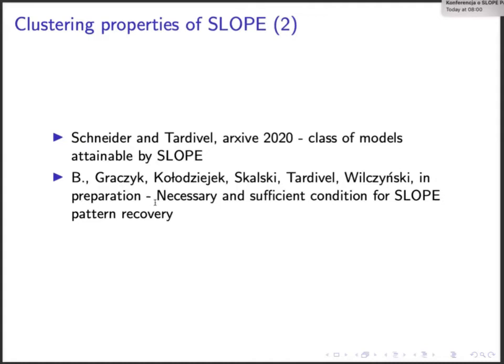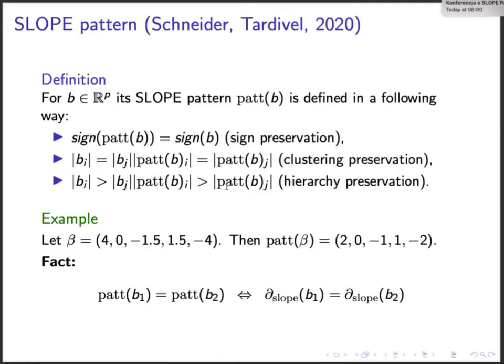And in a paper we are now preparing, we provide a necessary and sufficient condition for slope pattern recovery. Here the order of authors is alphabetical, but in the published version, definitely I will not be the first author. We still need to decide on the order of authors.